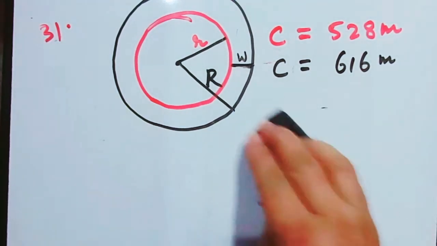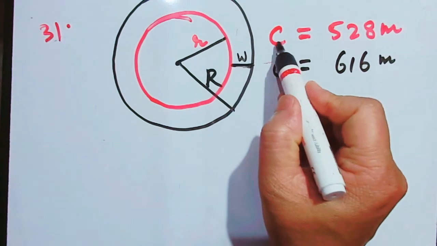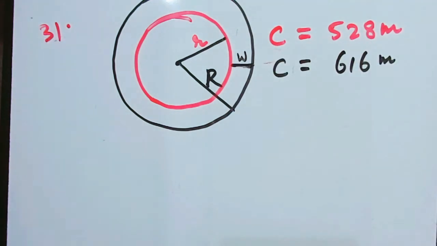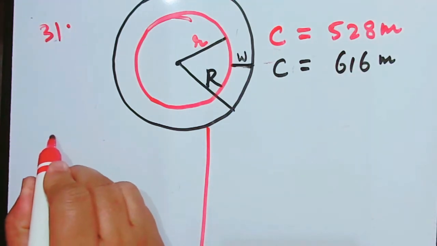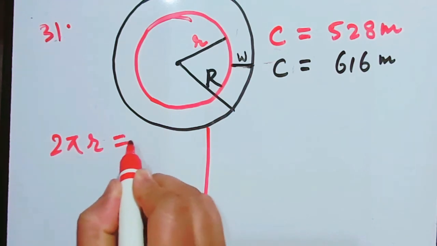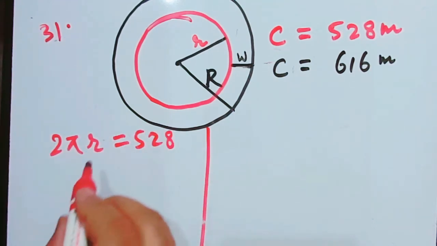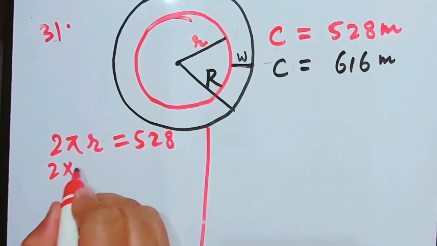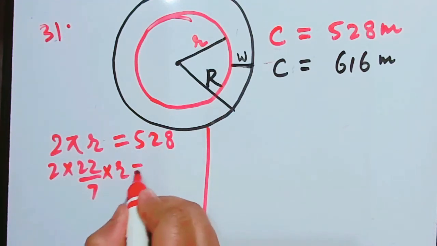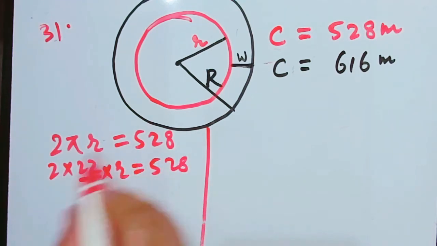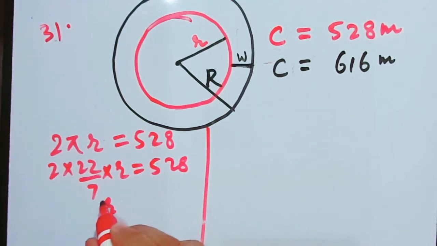Okay, now, so once again, circumference is 528. So let me solve this particular one. The circumference, that is 2 pi r. 2 pi r is equal to 528. So here 2 into 22 by 7 into r is equal to 528. So when you solve this, you will get the value of this small r as how much?